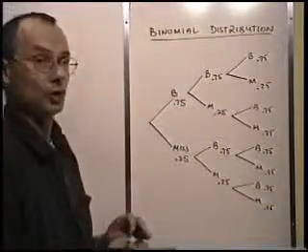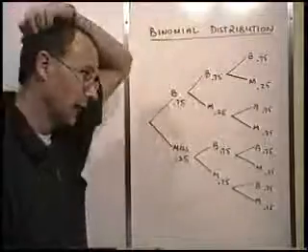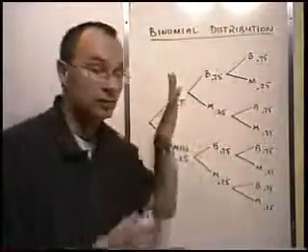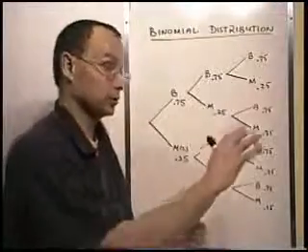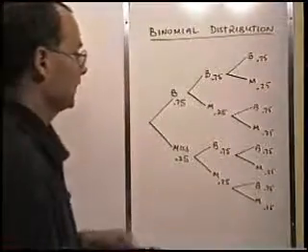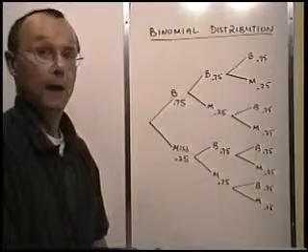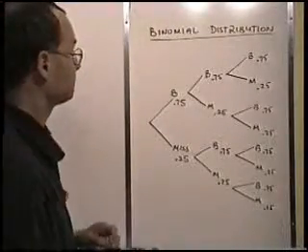Now what we're going to do is take all of these branches, which outline all conceivable combinations of what could happen with your 3 tosses, and look at them in a slightly different way.